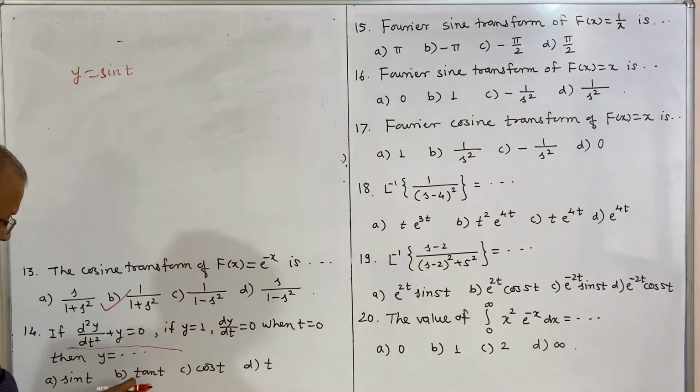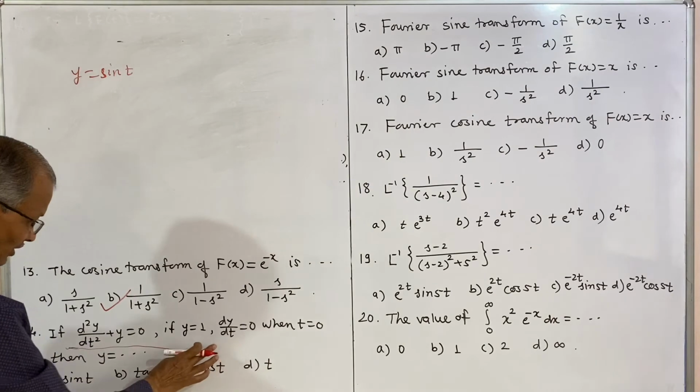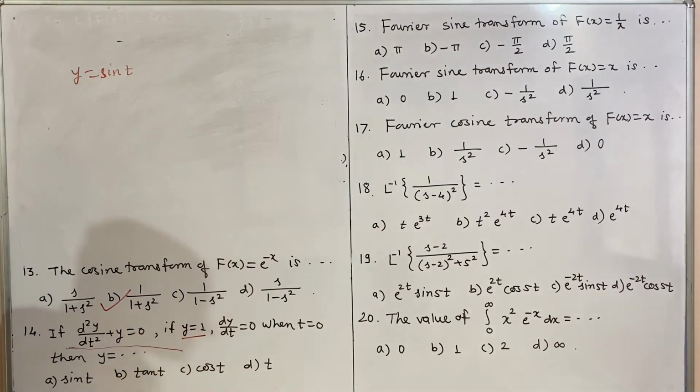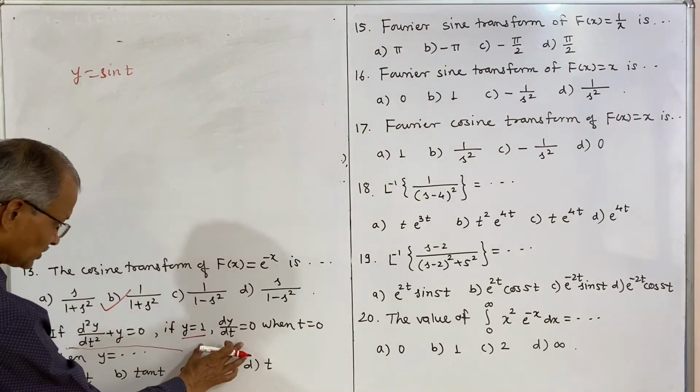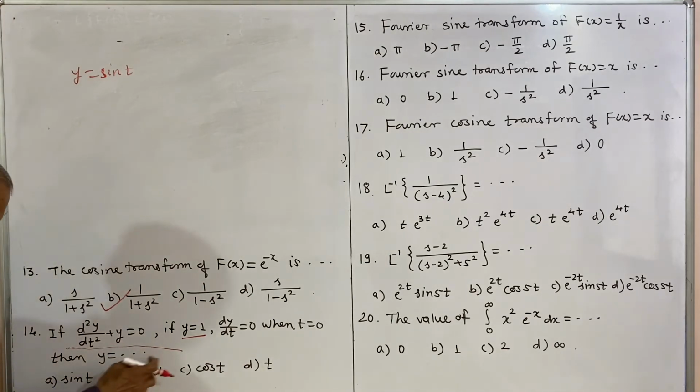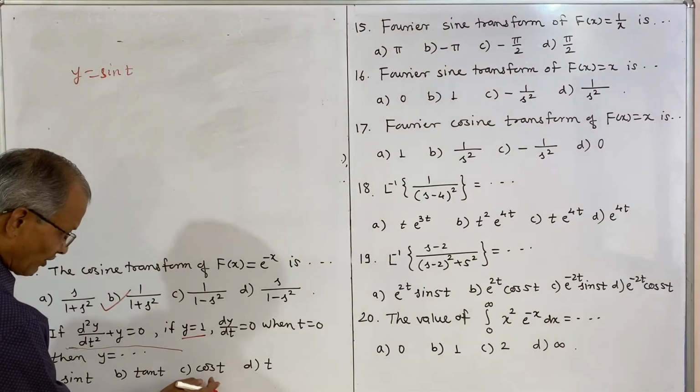Second, tan t; again we know that when t is 0, tan t is 0, but y is 1, that is given. So this will not satisfy the initial conditions. It must satisfy the initial conditions plus the differential equation, then it will be the solution. So it does not satisfy the initial condition, no need to check the differential equation. Now what about cos t?